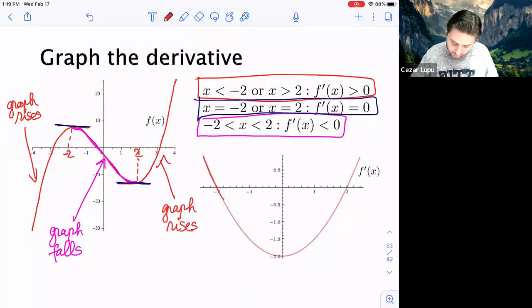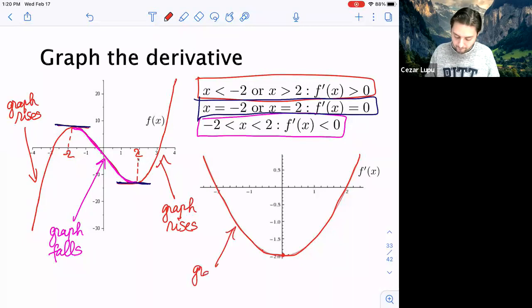This is the derivative, the f prime. It will have a minimum here. As you can see, the graph falls all the way to a minimum, and then it rises again.